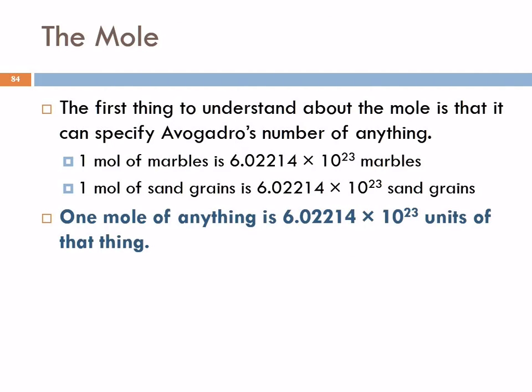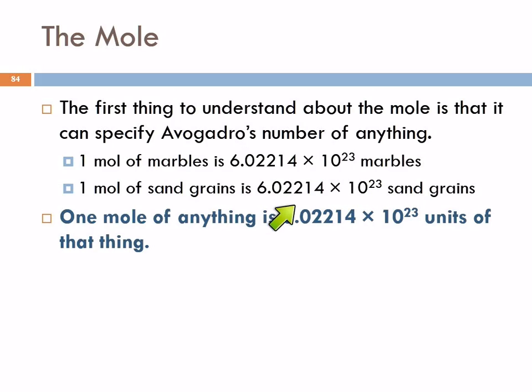You can specify Avogadro's number of anything. You can have Avogadro's number of marbles. 1 mole of marbles is 6.02214 times 10 to the 23rd marbles. You could have a mole of sand grains, 6.022 times 10 to the 23rd sand grains.